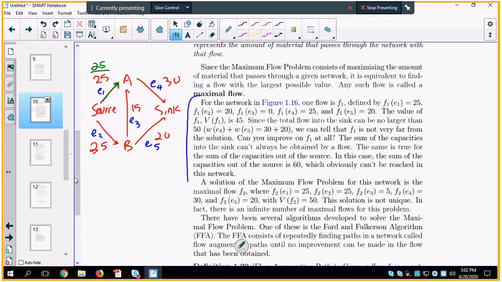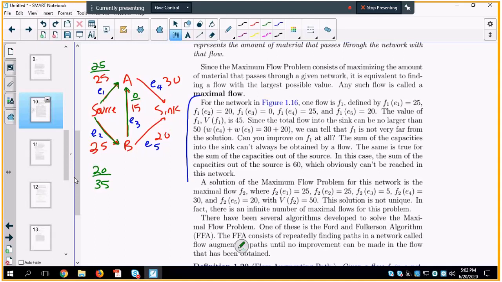So I'm writing that as a fraction, 25 out of 25. F1 of E2 could be 20. So this is going to be 20 out of 35. F1 of E3, 0. So I'm not sending anything down that way.